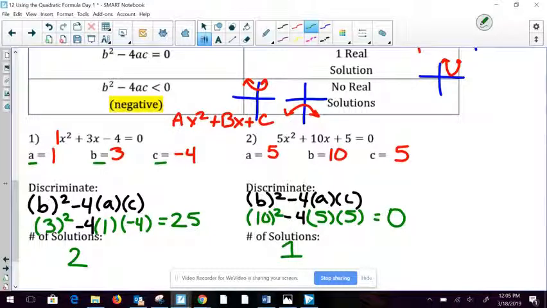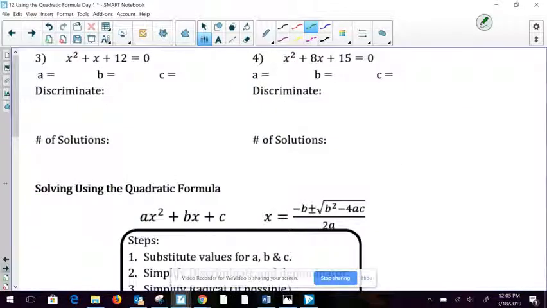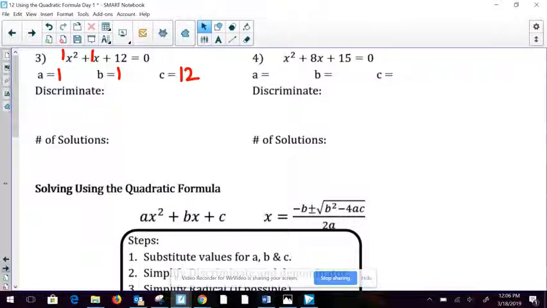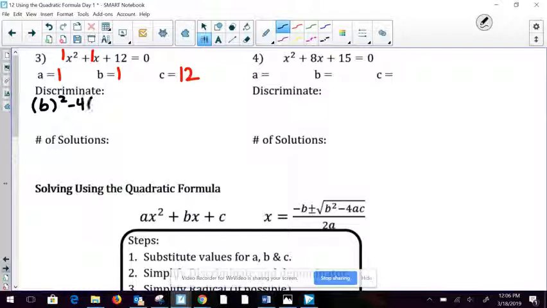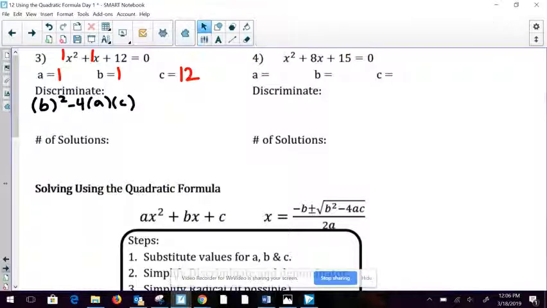Let's go ahead and go to the back side of our notes. Looking at number 3, what are my A, B, and C equal to? Good, there's an imaginary 1 on the x squared, so A is a 1. Imaginary 1 on the B, so that's a 1. And then C is 12. Good. And just in case you haven't memorized it yet, we have in parentheses b squared minus 4 times A times C. Okay.